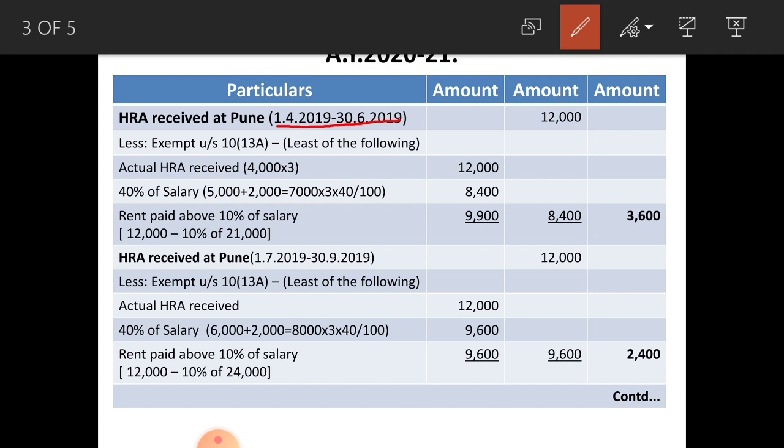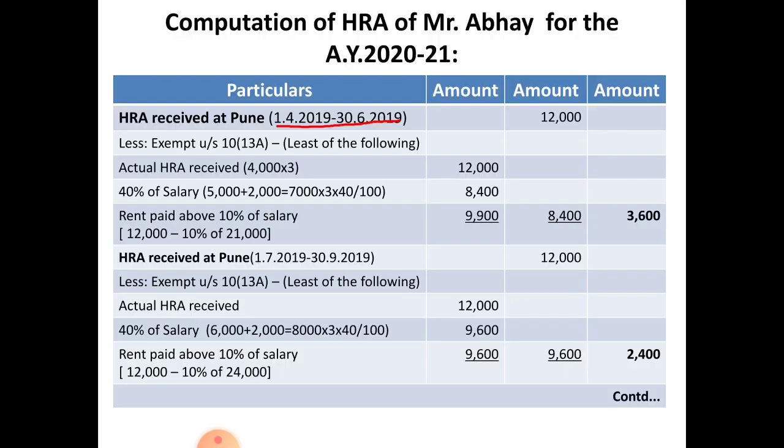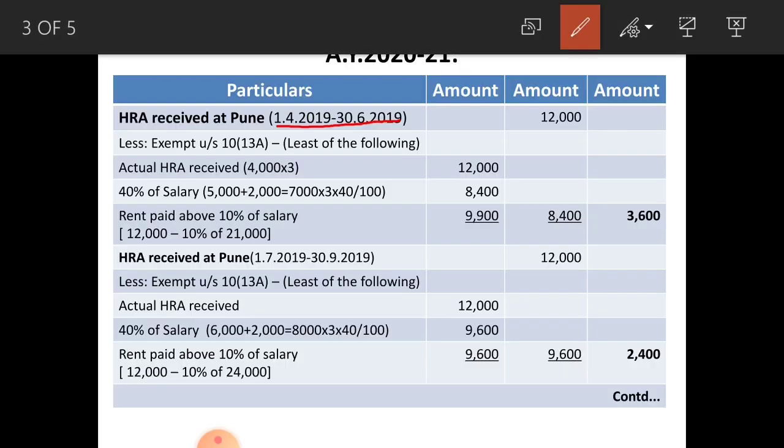So HRA received amounts to rupees 4,000 per month into 3. Why 3? Because for 3 months you are calculating, that is April, May, June. That is 4,000 into 3, that amounts to rupees 12,000.